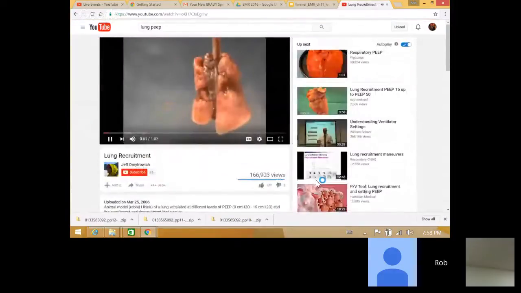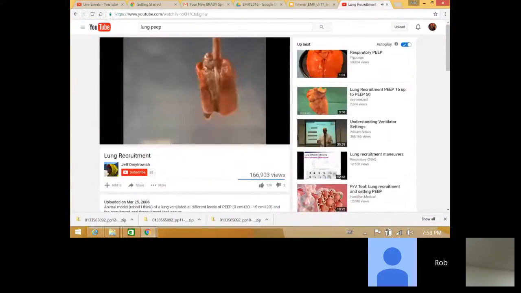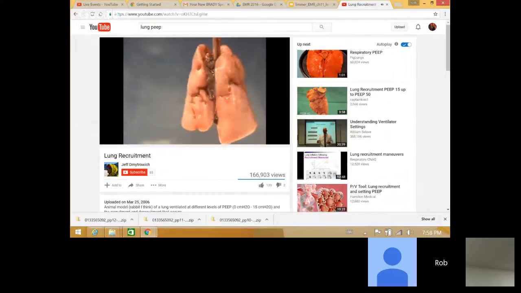We are recording again. This is a different angle. Okay, so this is a lung without PEEP. See how it collapses each time? Now they're going to put PEEP on. Look at it recruiting all those alveoli.